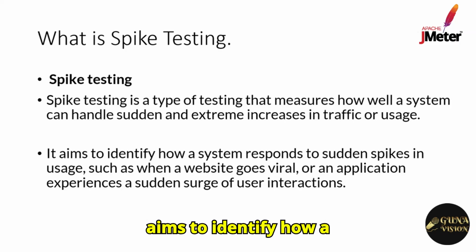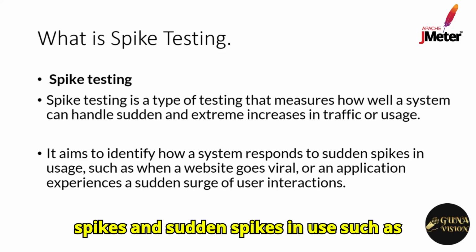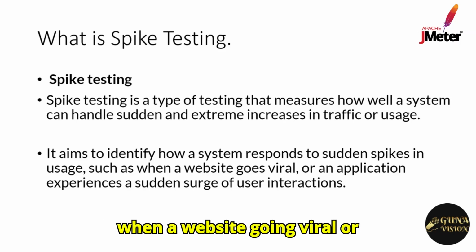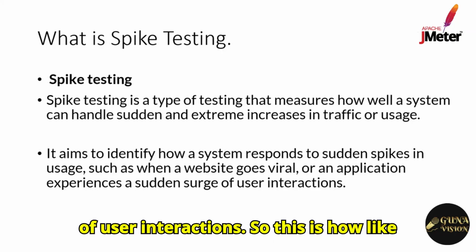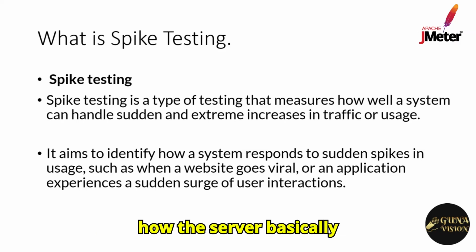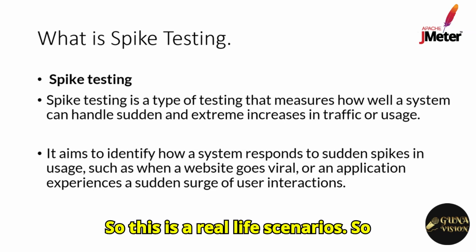It aims to identify how a system responds to sudden spikes in use, such as when a website goes viral or applications experience a surge of user interactions. So this is how the server basically responds.